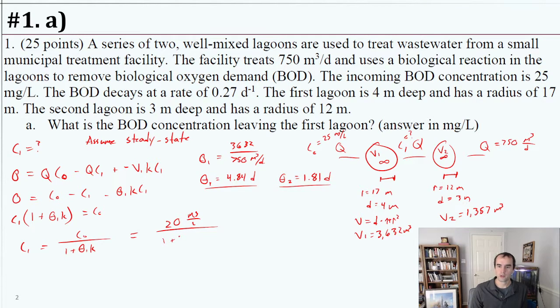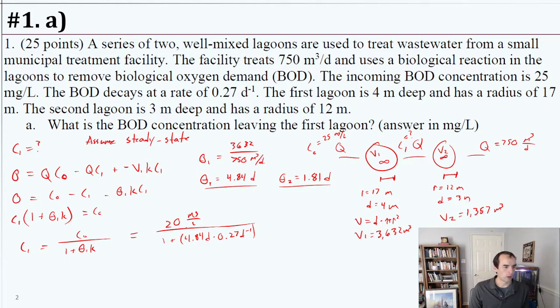Okay, so then coming back to our problem here, theta 1, that was 4.84 days times 0.27 days to the minus 1. Those units will cancel, and we'll be left with some form of milligrams per liter, and it's going to be a decrease because the value on the bottom is greater than 1.